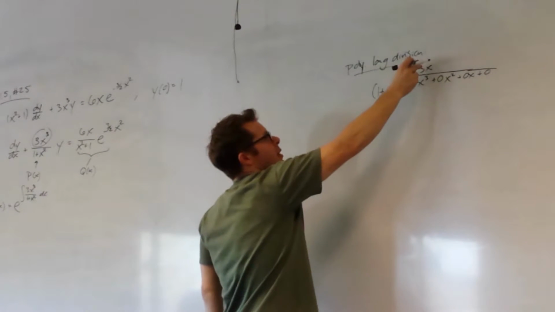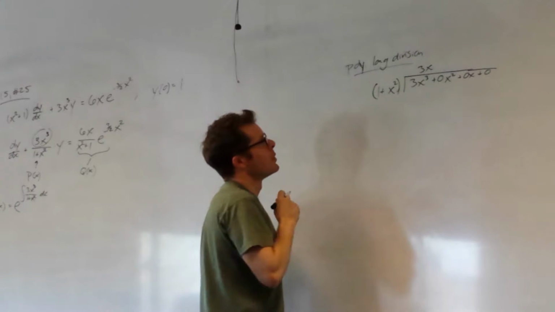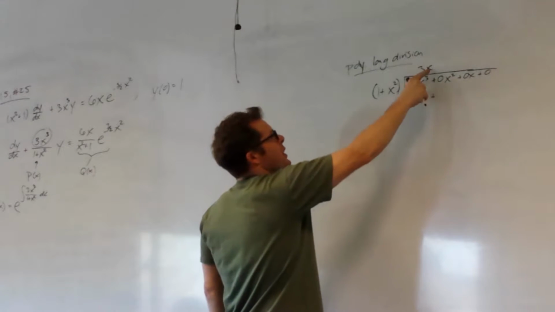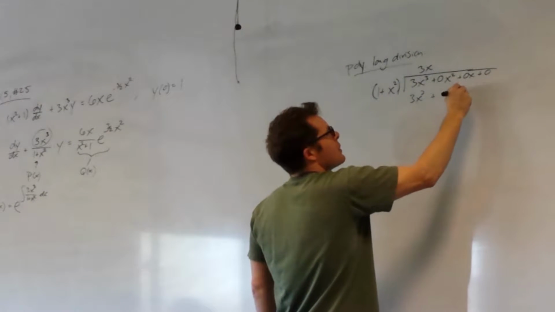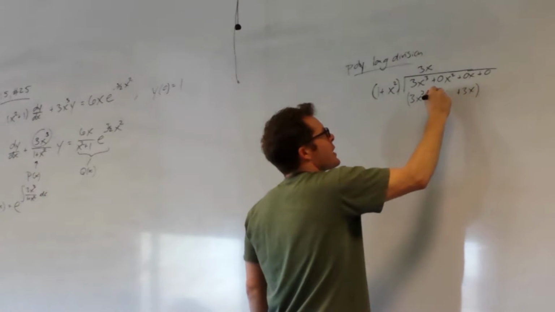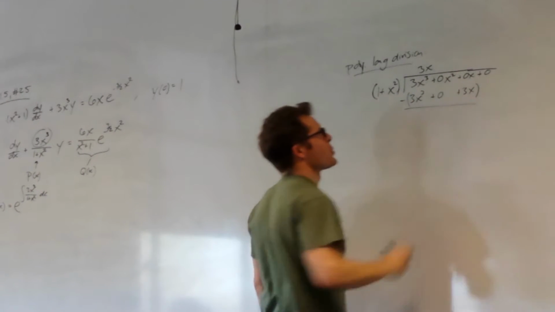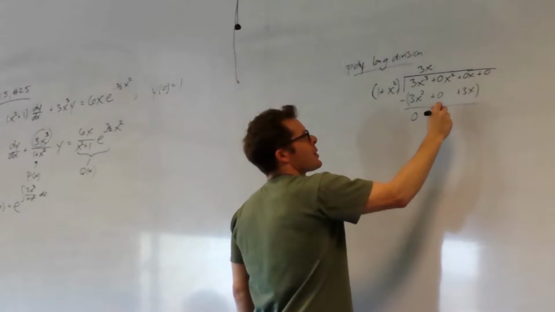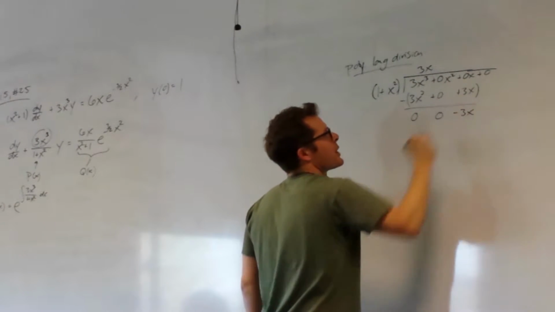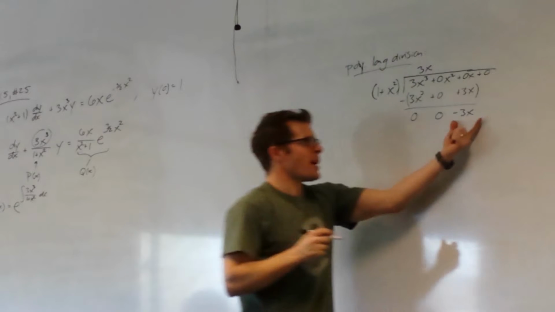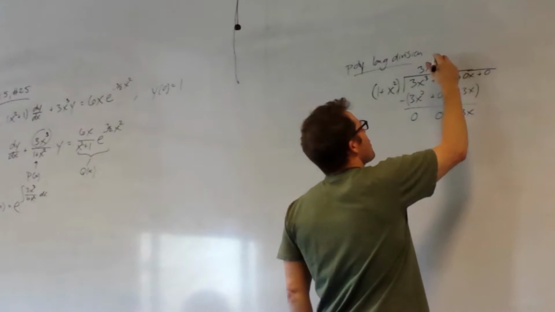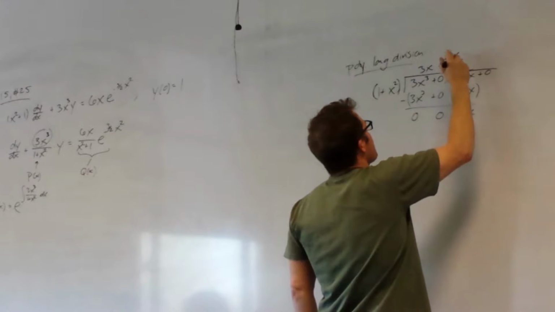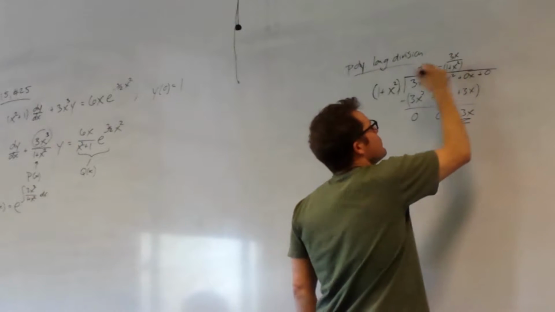Multiply by the original divisor and we get 3x cubed plus 3x. I line up my like terms and subtract from the original: 0, 0, and 0 minus 3x, so negative 3x. That's our remainder. So this function is 3x minus 3x over 1 plus x squared. Okay?